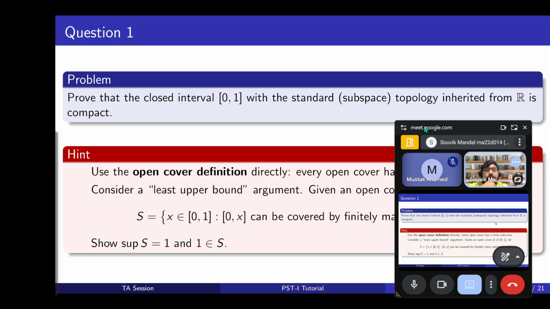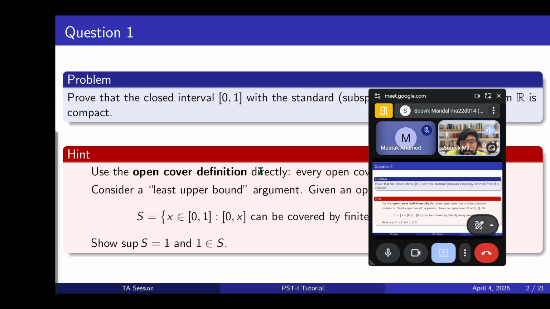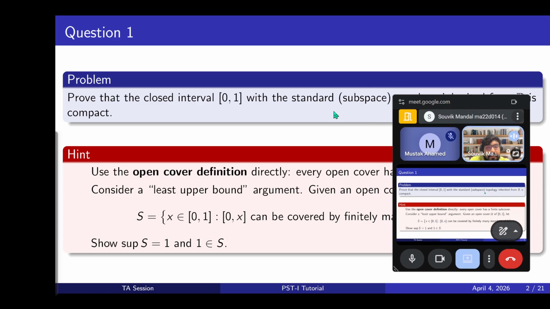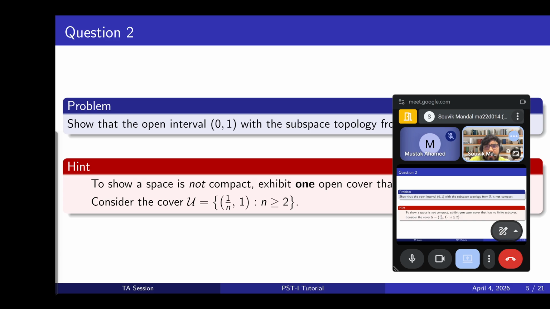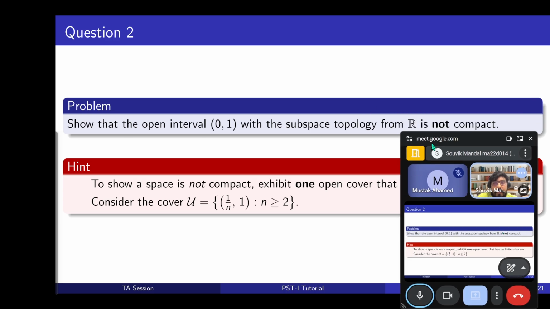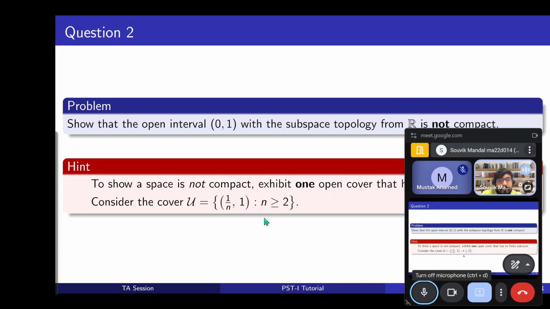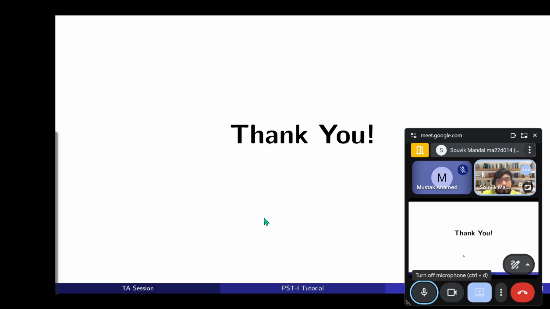Of course, I'm not going to bother about how this happens because that is true; for the sake of completeness I put this question. So let's change it and move to the next question.